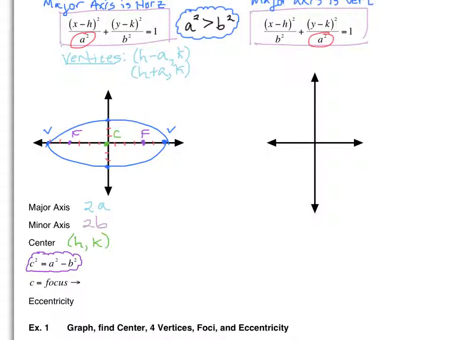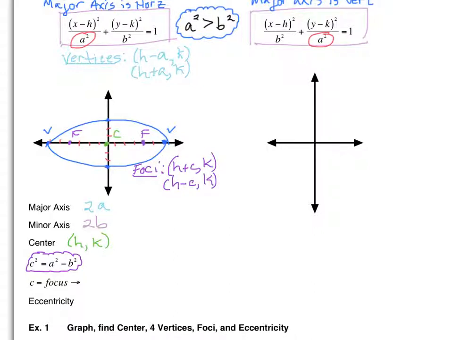And then your foci are also along that major axis, so they also affect the x value of that center. And so your foci become (h plus c, k) and (h minus c, k).